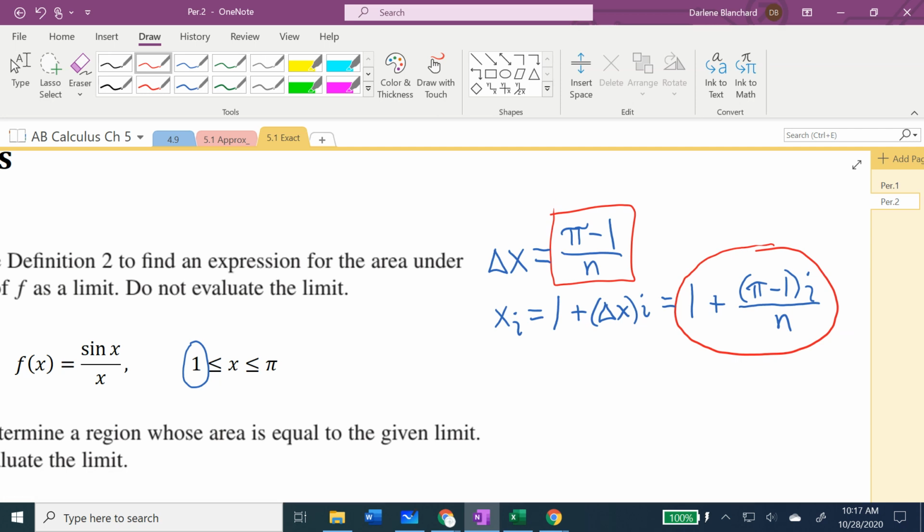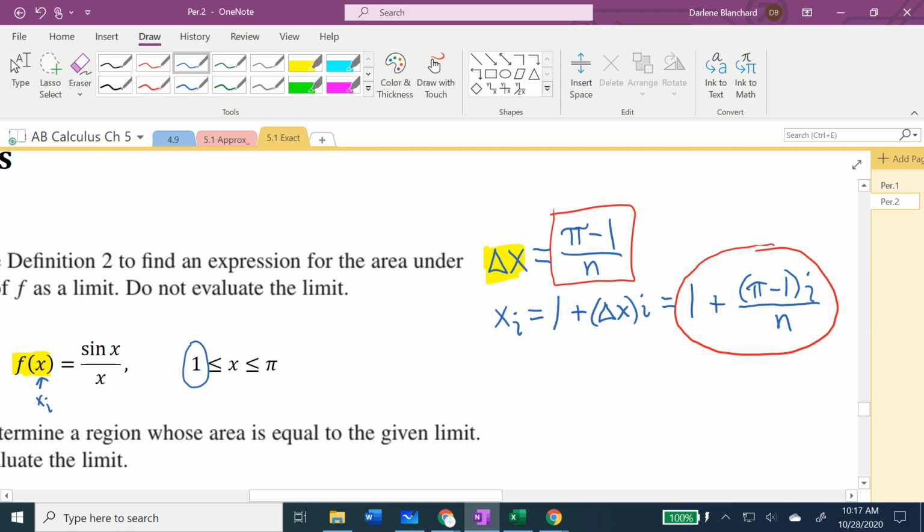Now, as I start writing out the actual formula, know that I'm keeping some space to my left because I'm going to talk you through the thought of what we are doing. The thought is I'm multiplying this width times a height, where that height is f of x sub i.